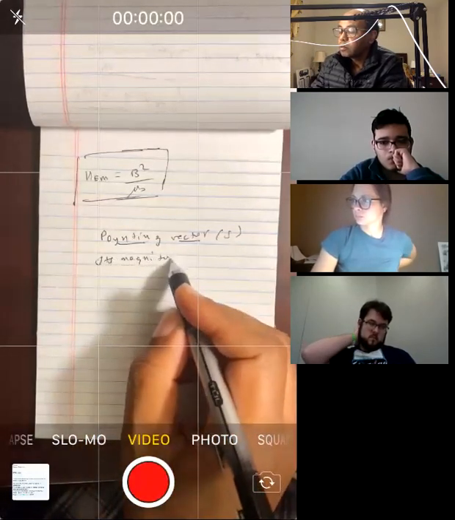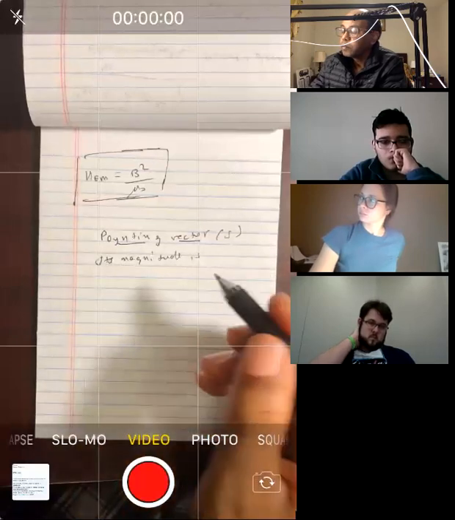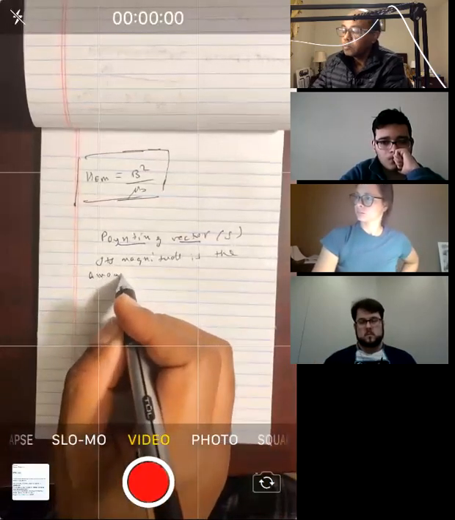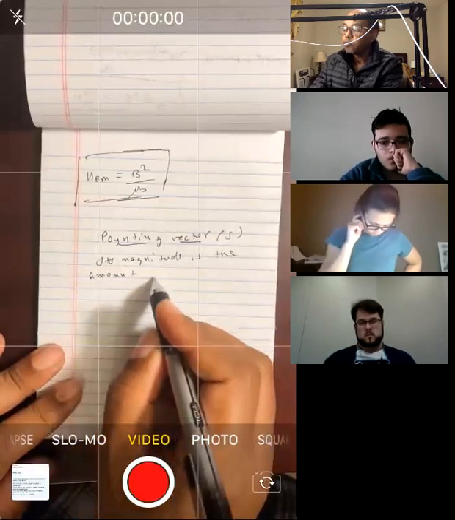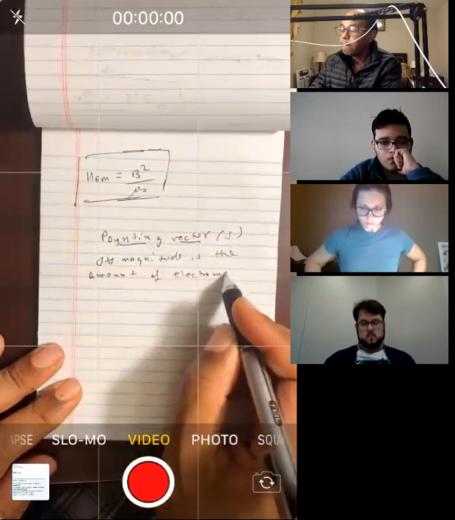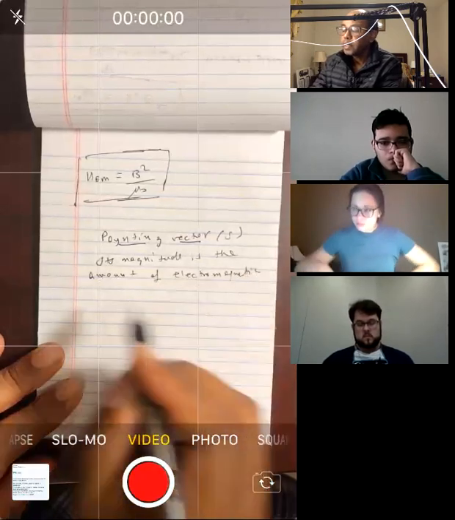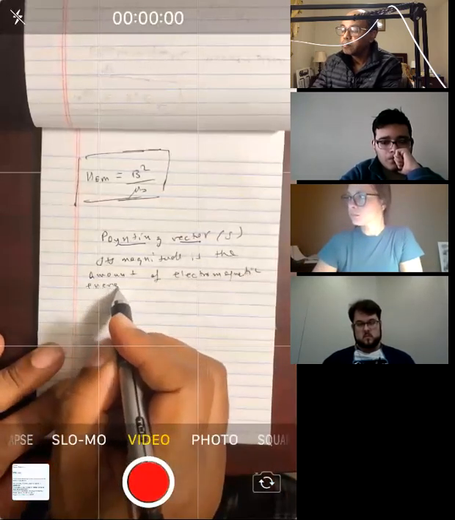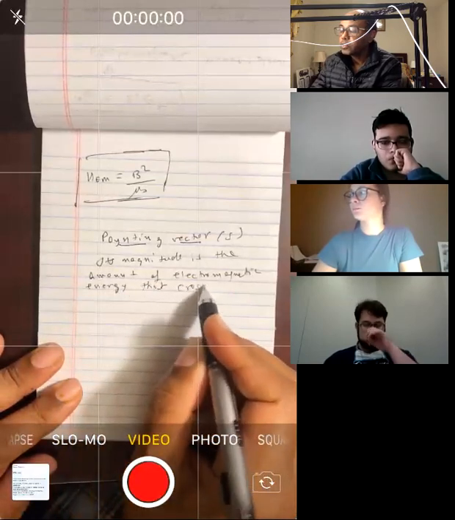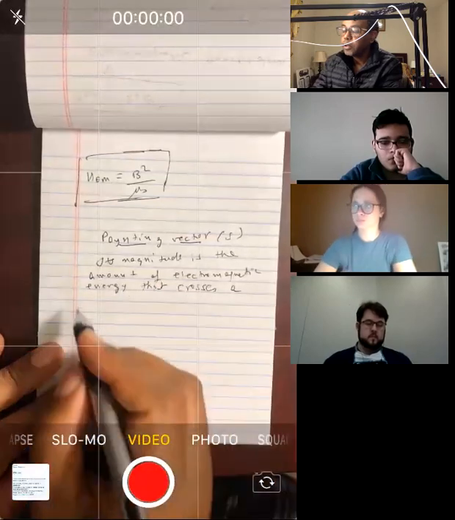Magnitude is the amount of electromagnetic energy that crosses a unit perpendicular area per unit time.